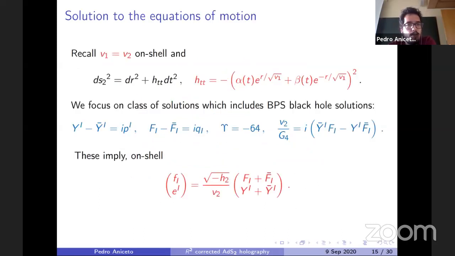So the solutions to the equations of motion will give you that V1, the AdS scale, is equal to the dilaton. Recall that we were using the Pfefferman-Graham gauge, and the solution we were giving in terms of these modes. Under the attractor equations, we find that the scalar fields depend, as they should, on the charges of the black hole.